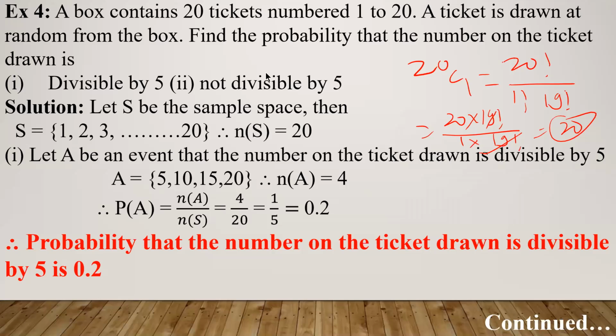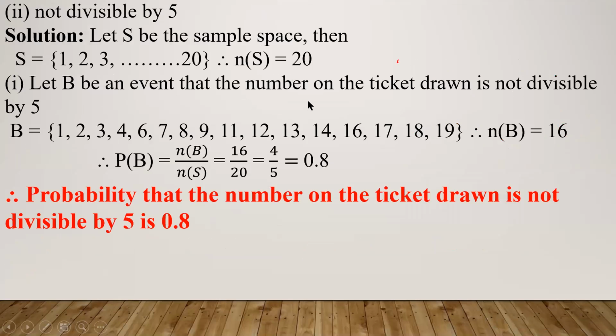Okay, what is the second one? Not divisible by 5. In this we wrote divisible by 5, in this not divisible by 5. So the numbers other than 5, 10, 15, 20 are not divisible. Complement of the event. I have explained what is the meaning of complement. Not divisible by 5 means A has not occurred. So let us see, let B denote the event that the number on the ticket drawn is not divisible by 5.